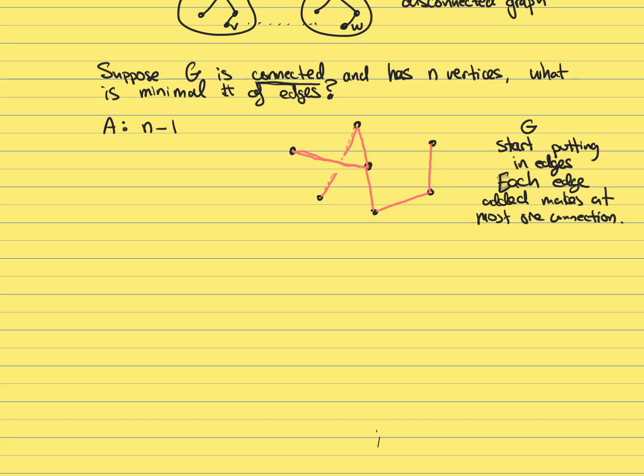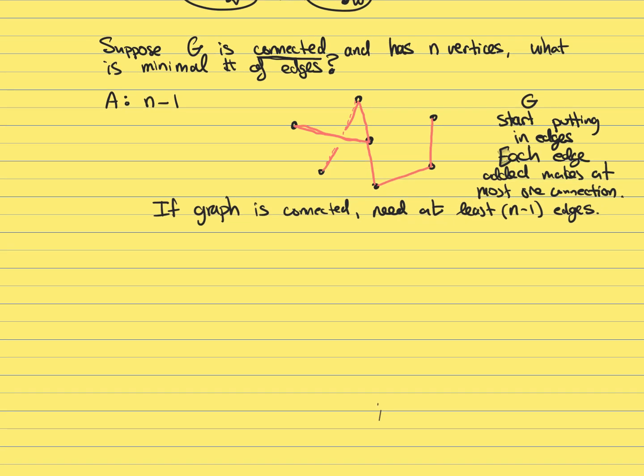We end up with 1. So if the graph is connected in the end, we need at least n minus 1 edges. And that's the minimal amount.